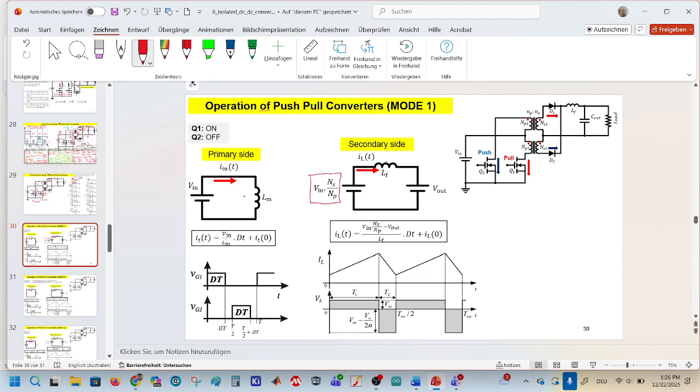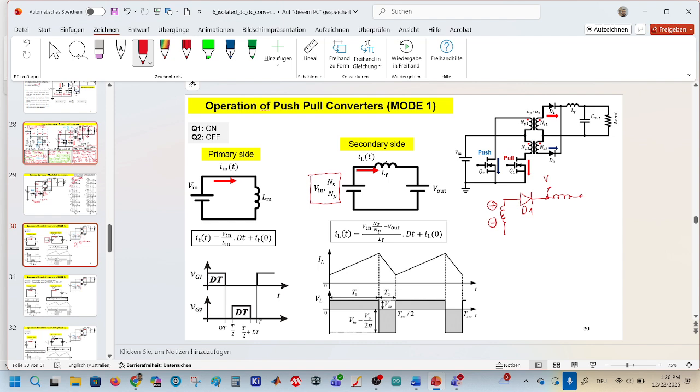We have now a circuit. Maybe it's better to show it like that here, D1, and our inductance here. How do we call this node?